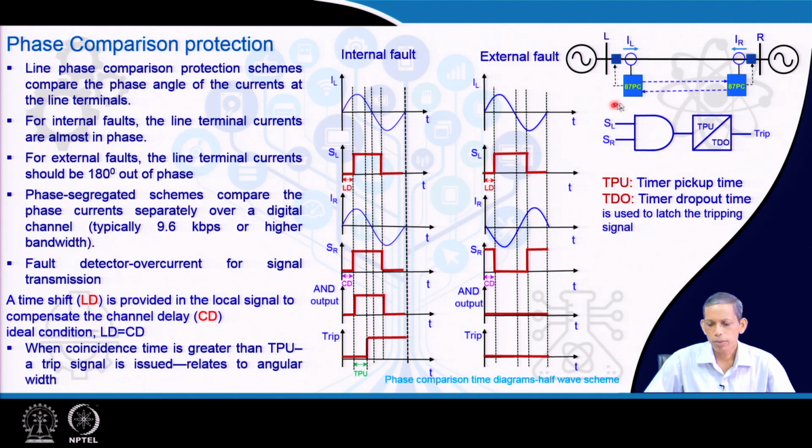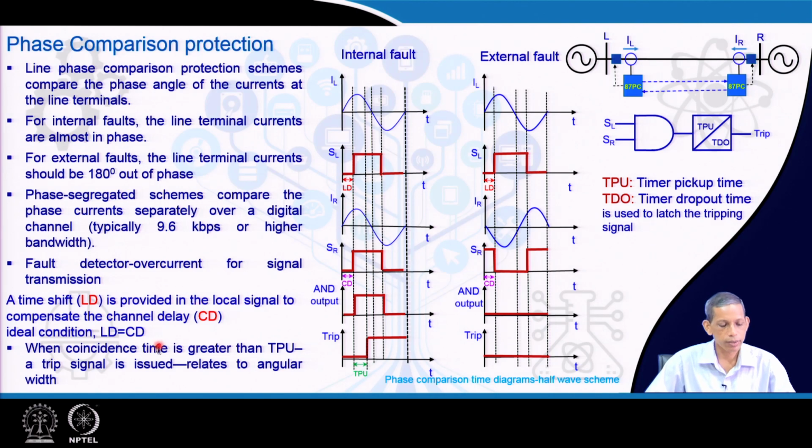So, when you communicate from one end to the other end, there is a channel delay, and that channel delay must be taken care of. Therefore, intentionally the local signal is also shifted by a fixed time of LD. We know tentatively how much delay will be accomplished in this channel, that is the CD, and according to the CD the local signal is shifted by LD, and that is what is being done.